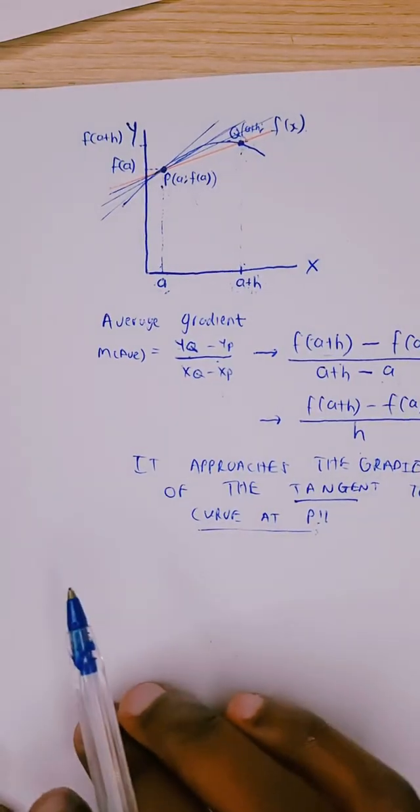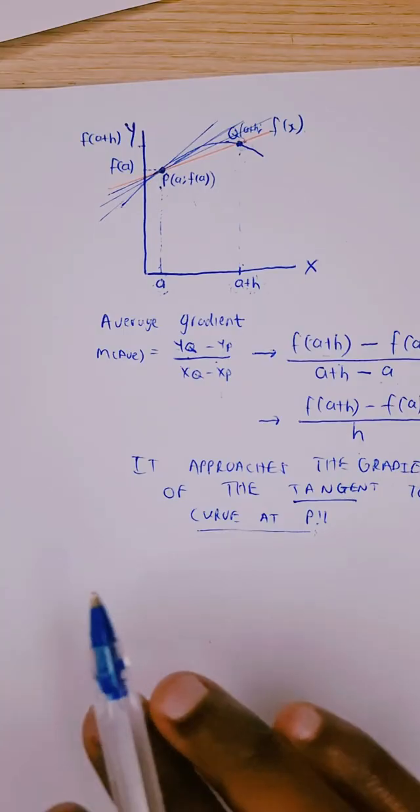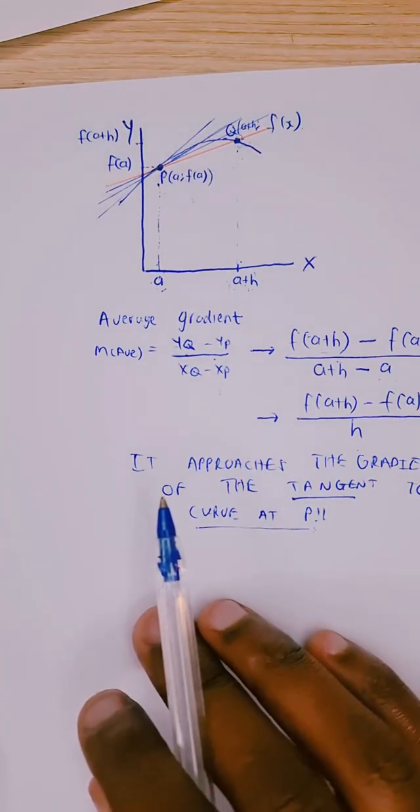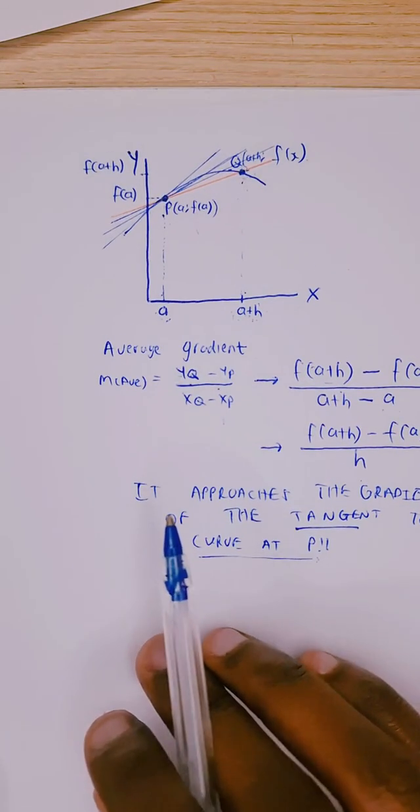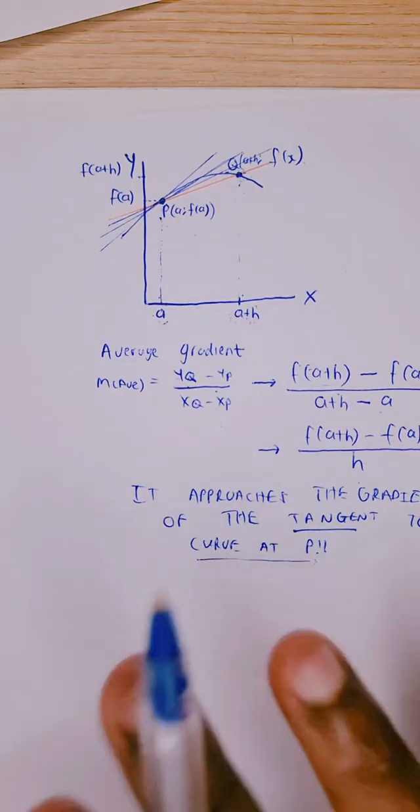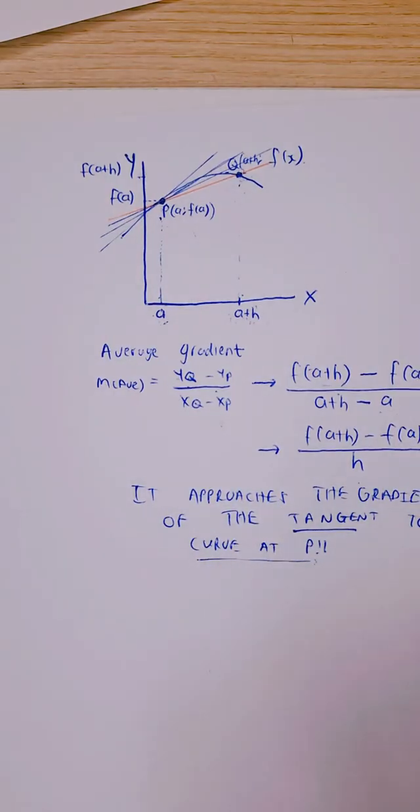Where is the gradient of FQ? What do you mean, where is the gradient of FQ, my guy? What kind of question is that?